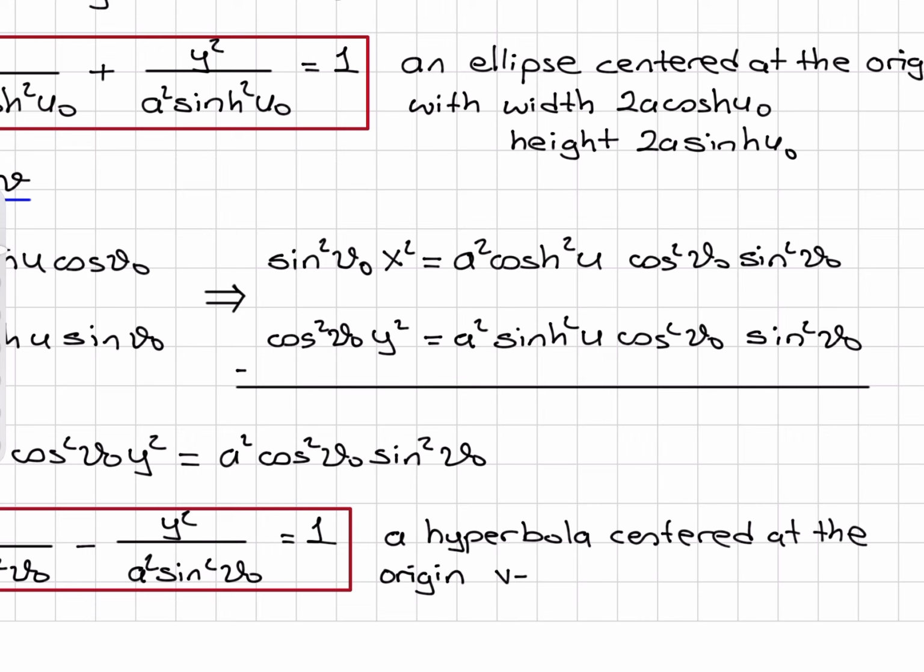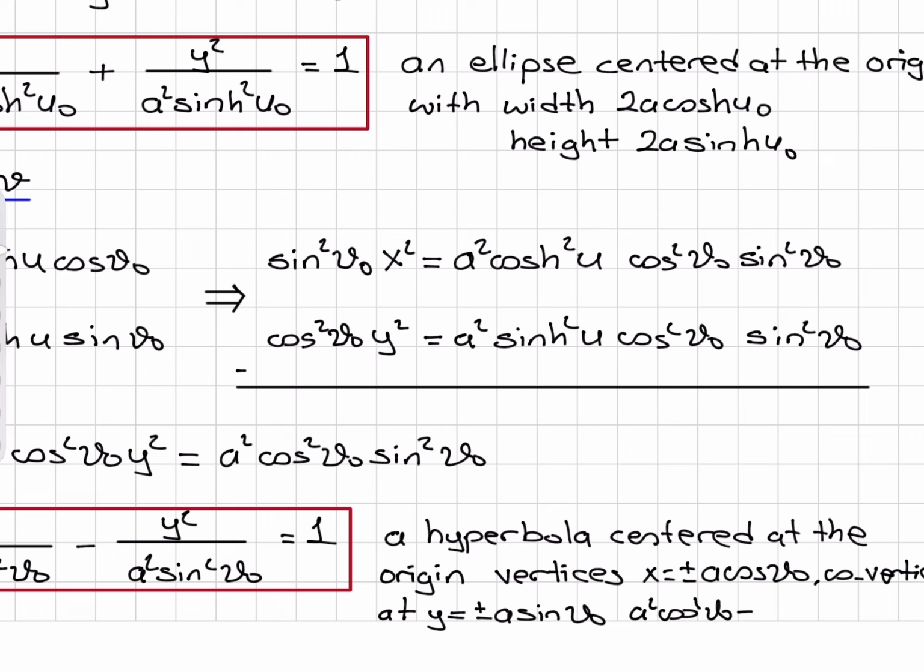The vertices at x is equal to plus or minus a cosine v0, co-vertices at y is equal to plus or minus a sine v0, and we have a square cosine square v0 plus a square sine square v0 is equal to a square.